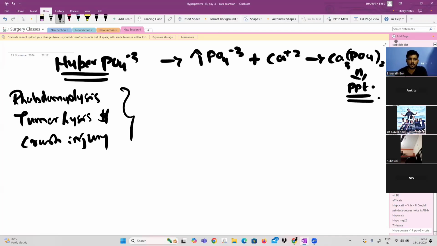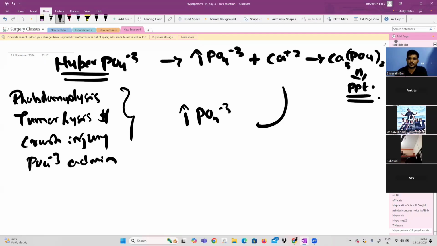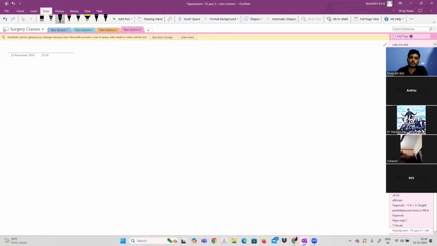All of them, or whenever phosphate is administered. All of this will increase phosphate levels and this will cause hypocalcemia, or whenever there is a reperfusion injury. So phosphate is mainly present intracellularly. Whatever causes the death of the cell will release all the intracellular elements, and phosphate is released, and it will cause the hypocalcemia, of which I want to tell about tumor lysis syndrome.